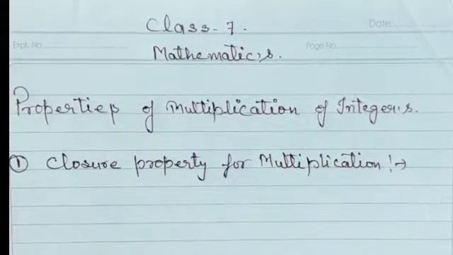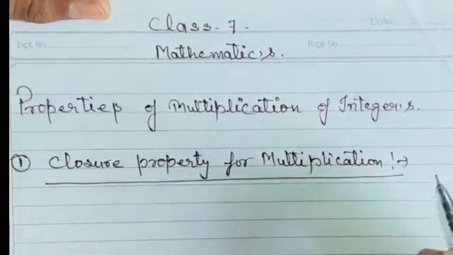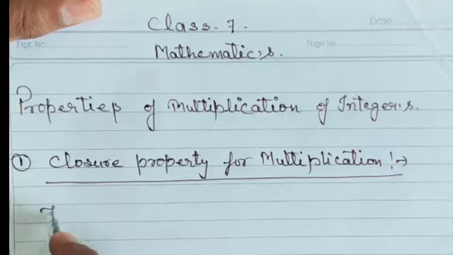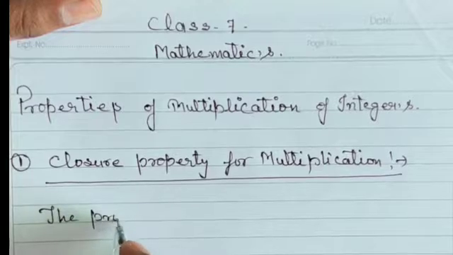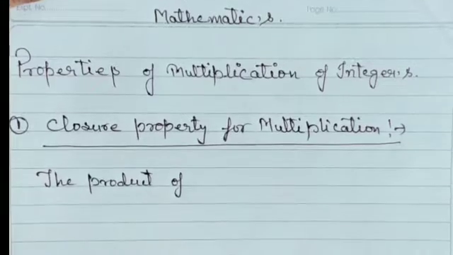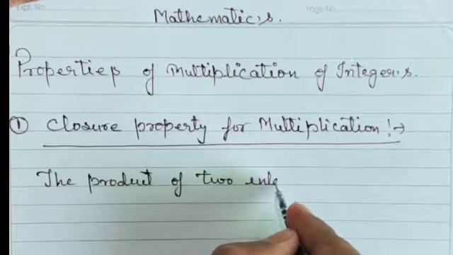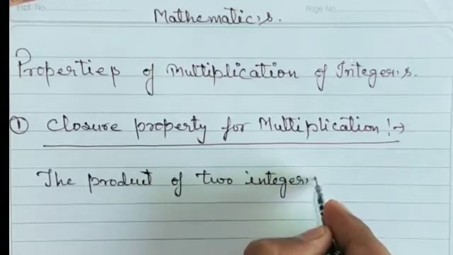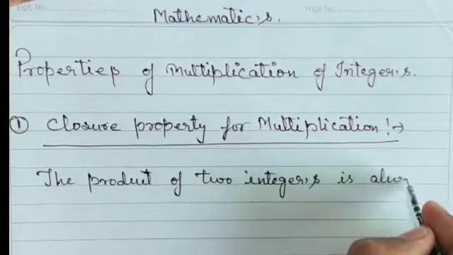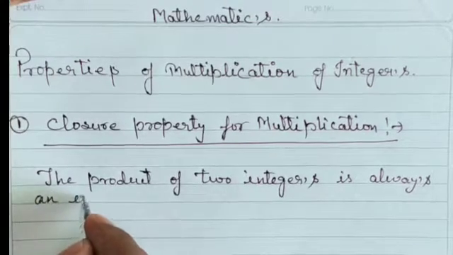In this property, the product of two integers is always an integer.